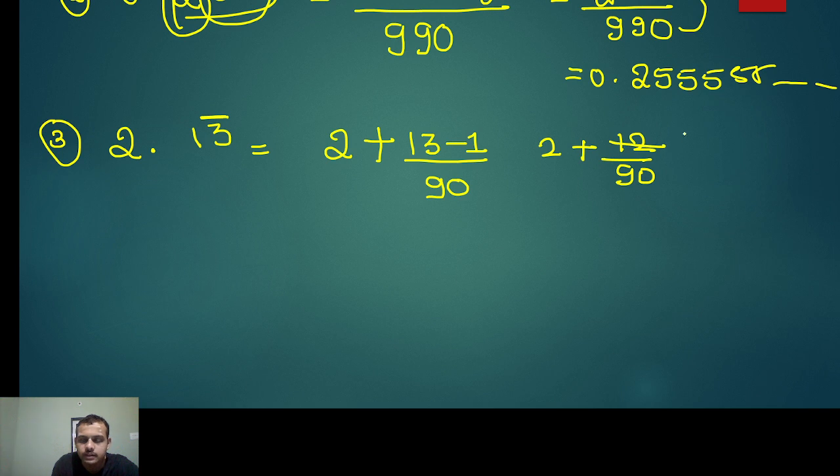Simplifying, 2 6s are 12, 2 45s are 90, 3 2s are 6, 3 15s are 45. It becomes 2 plus 2 by 15.